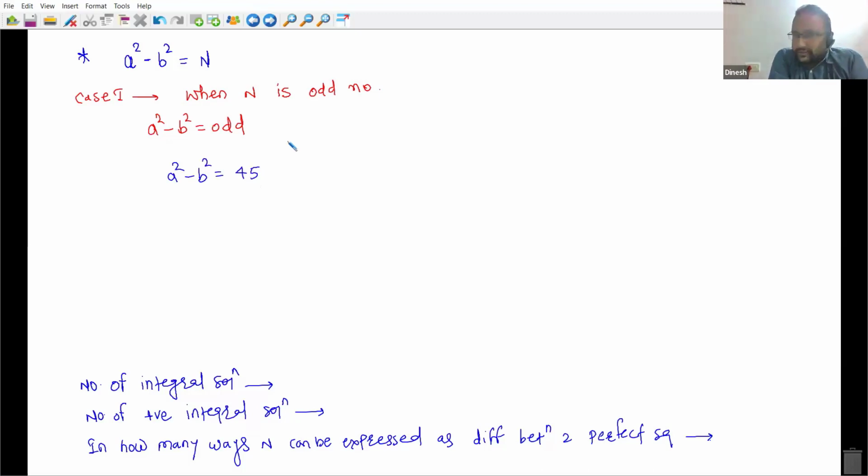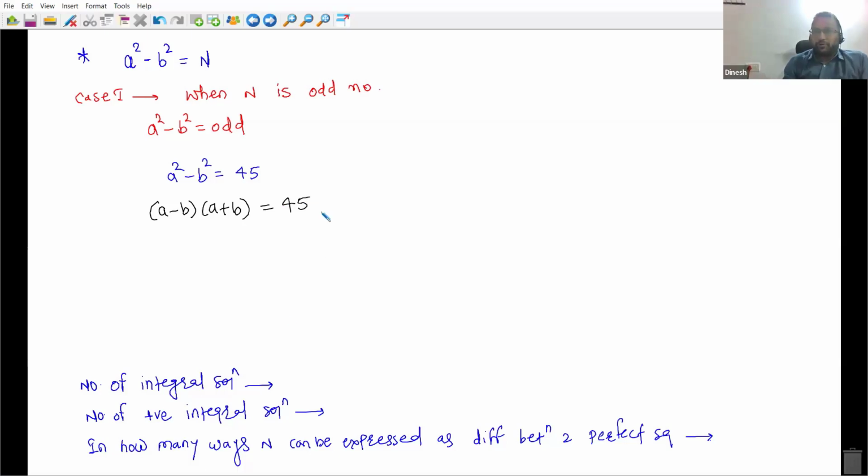Now how to solve this? We need to find the number of integral solutions, the number of positive integral solutions. The first step is factorization, and that factorization is going to be a minus b into a plus b, which is equal to 45.